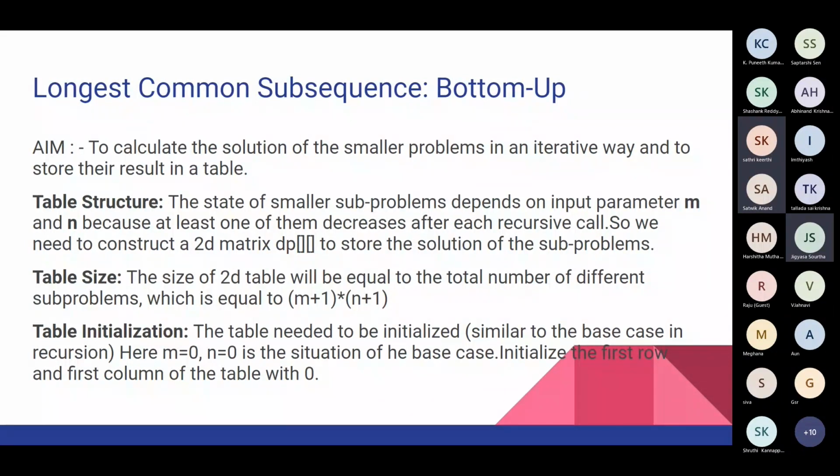The next step is table initialization. We know the base case: if either of the strings is empty, the first row and the first column of the table will be filled with 0.